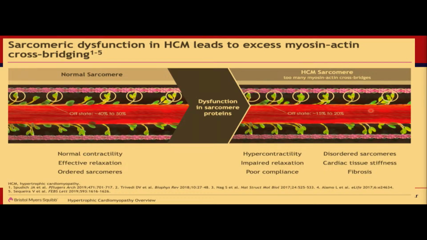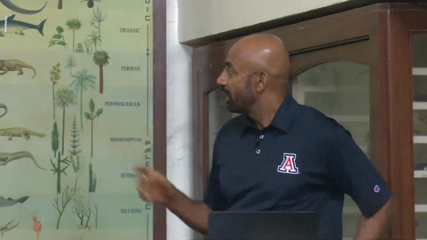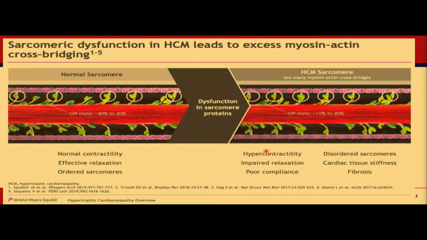That is called hypercontraction. The more attachment, we generate more force. So hypercontraction because of more actomyosin interactions, and then impaired relaxation because the cardiac tissue has very strong stiffness, and then we develop fibrosis. So this is all part of the hypertrophic cardiomyopathy disease process.